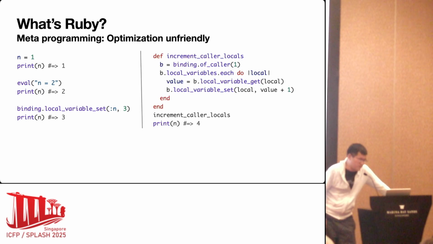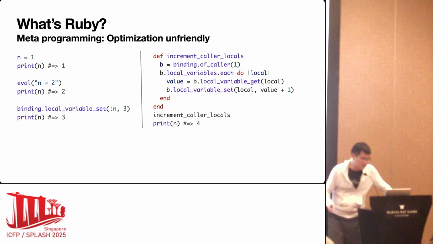Another very bad API for optimization is that you can also get the binding object of caller frames. So whenever you call a random method, that could call another method that could escape the binding of the caller frame.